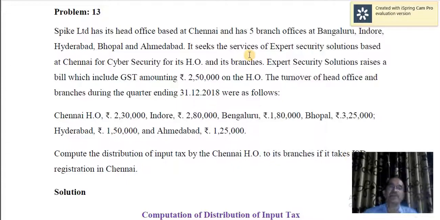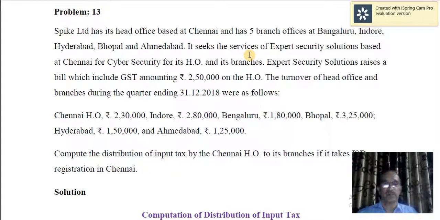Here the bill is raised by Expert Security Solutions on the head office, but the benefit is received not only by the head office but also all the branch offices. Therefore, the input tax credit of 2,50,000 should be distributed among the different branches. How is that being done?